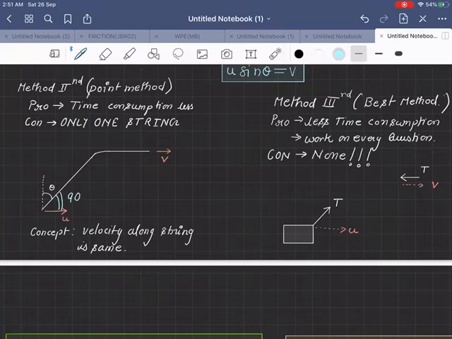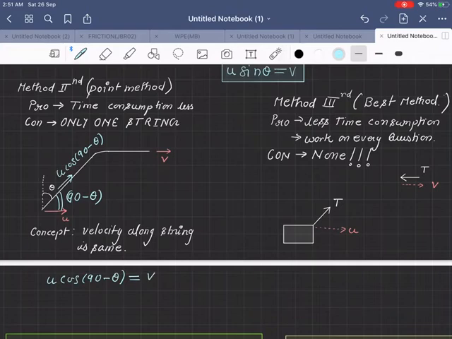Now let's do that. But how do we get the velocity here in the direction of the string? So we know this angle is 90 minus theta. So the velocity in the direction of the string is going to be u cos 90 minus theta. I took the component here, so we are getting u cos 90 minus theta component, which is in the direction of the string, equal to v.